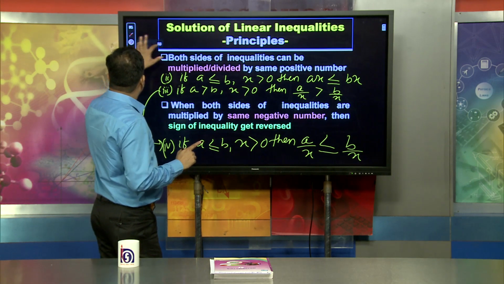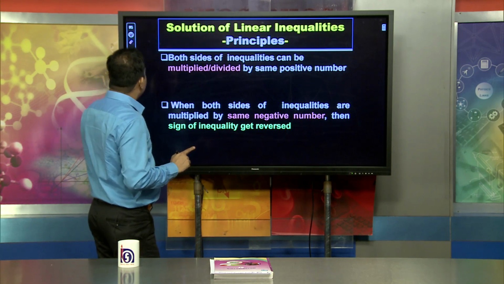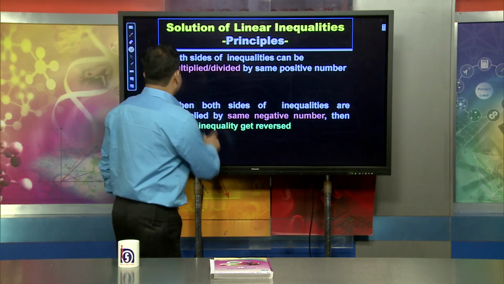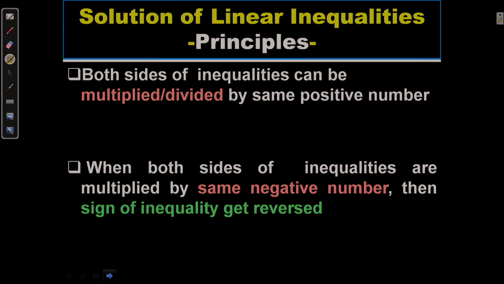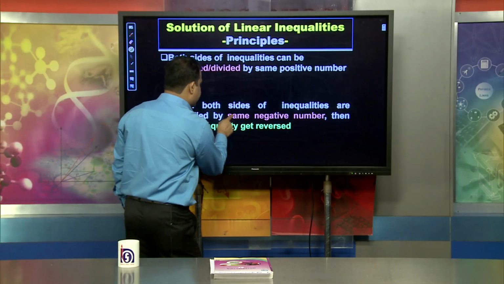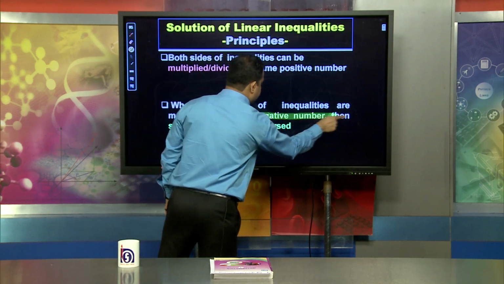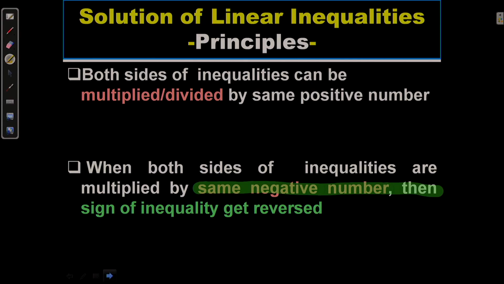When talking about negative numbers, the principle will change. When both sides of the inequality are multiplied by the same negative number, the sign of the inequality gets reversed.